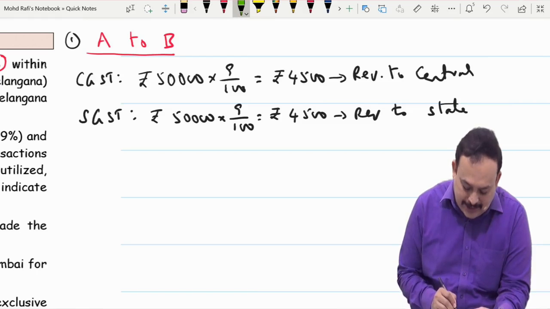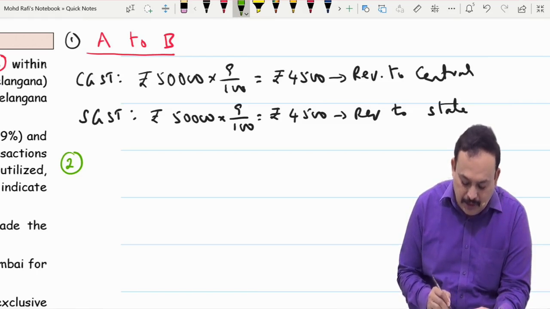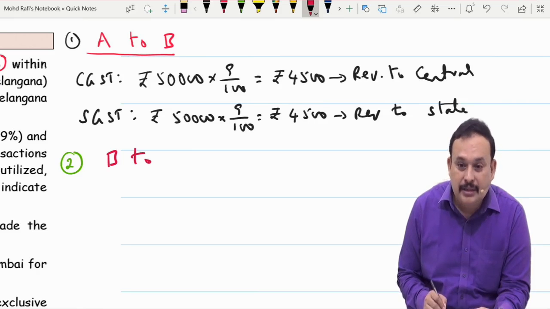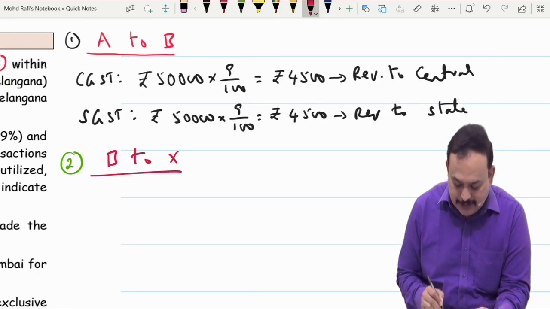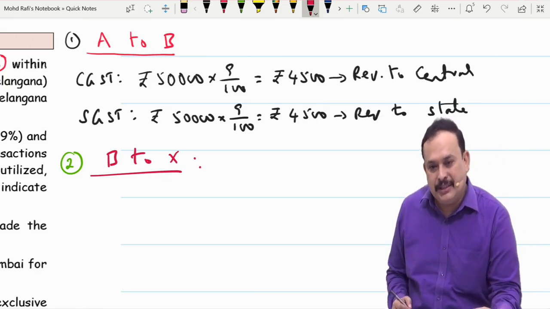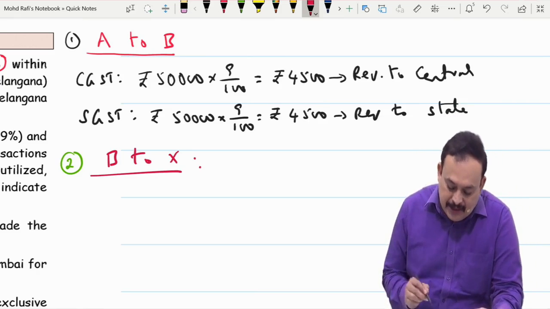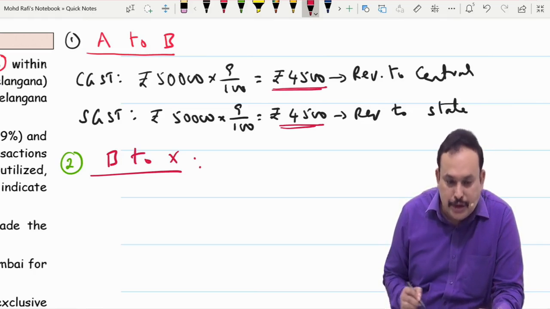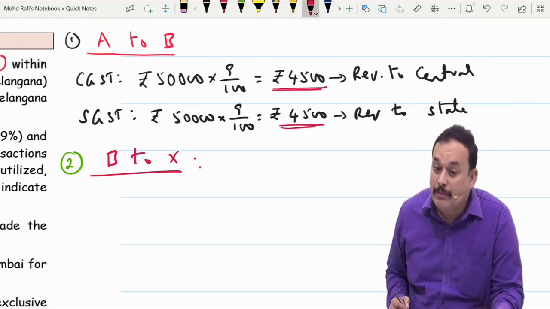Then the second case, my dear. When we talk about the second case, who sold to whom? Here, B to X, by adding profit margin of 10%. That means the tax paid by B is not a cost to B because he is going to claim ITC.